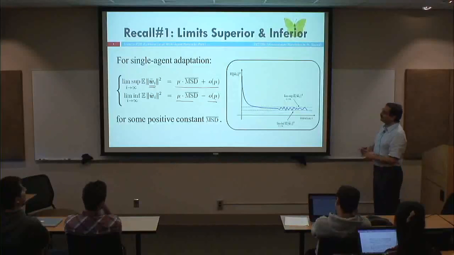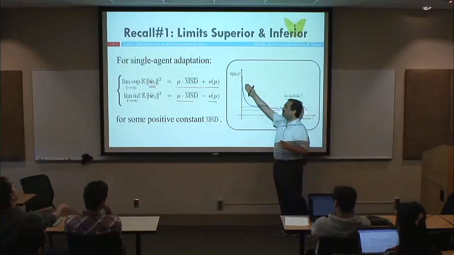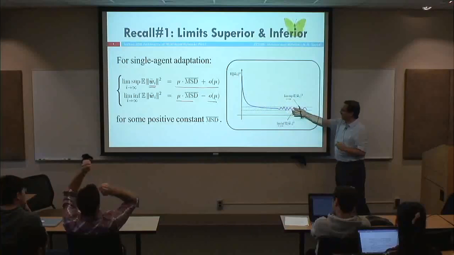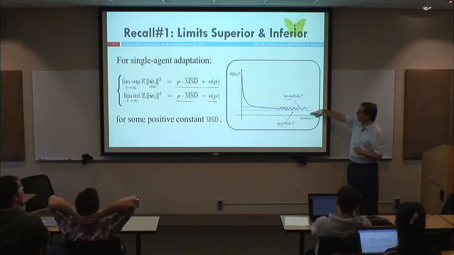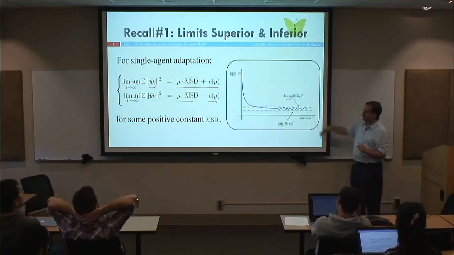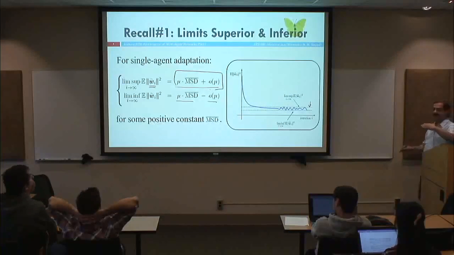Remember that what the lim sup result tells you essentially is that if you plot the variance as a function of time, as time progresses towards infinity, that variance will enter a region that's upper bounded, of the order of this quantity that you have here. That's what the lim sup is saying.